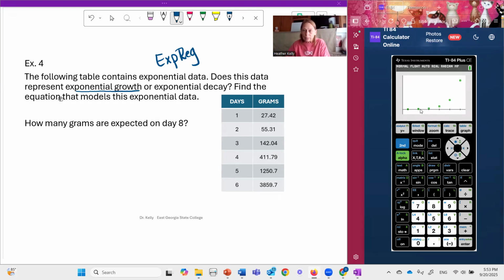It started out slowly, steadily growing, and then shot up. That is exponential growth. So now we're going to go back to stat, calculate, and here we're going to go EXP reg. We have to keep on going down, and here we are.